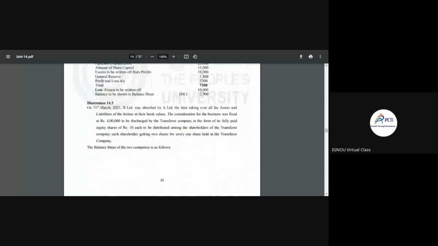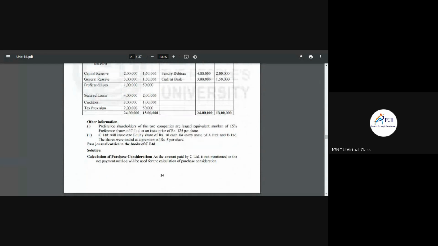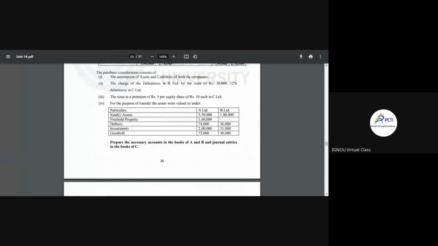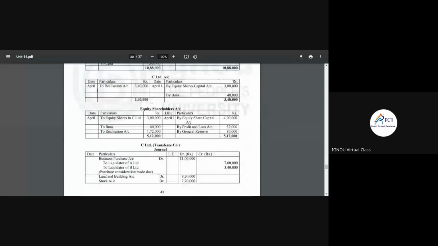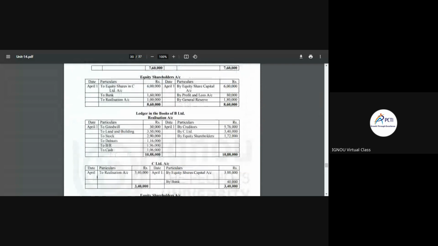You have working notes also, you have a proper solution for it. So basically this is all you have in numericals.